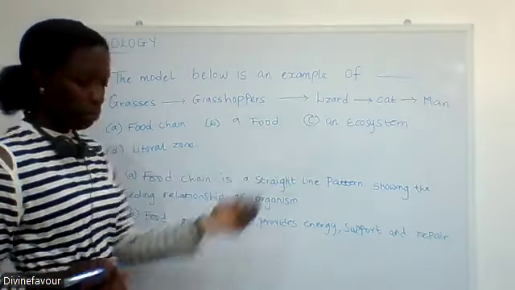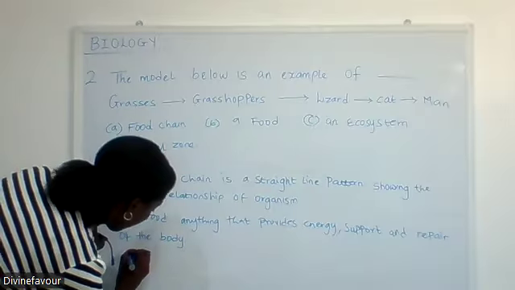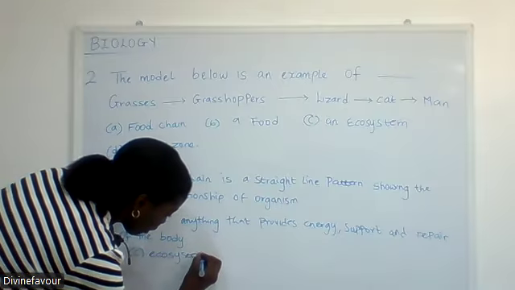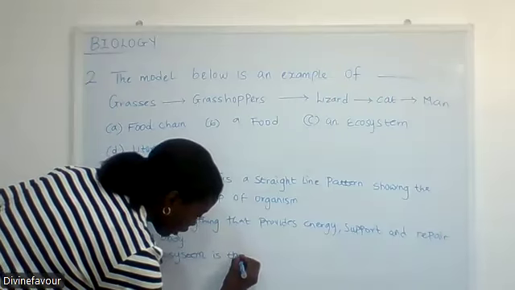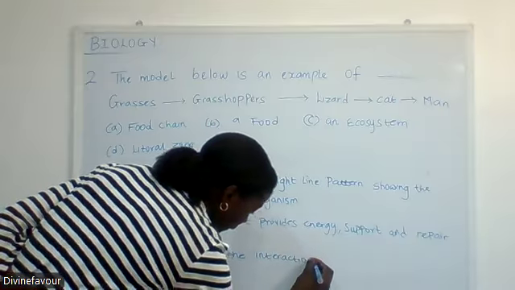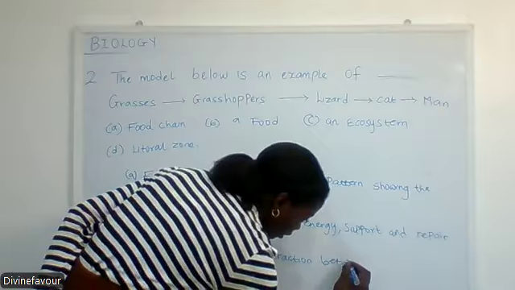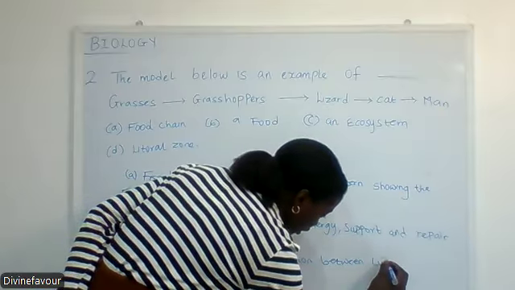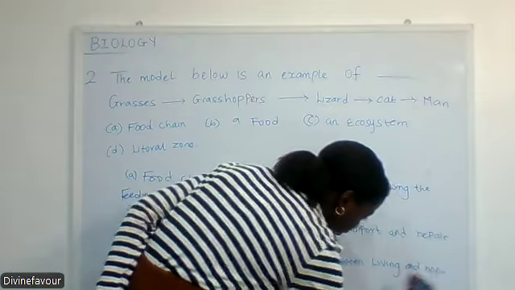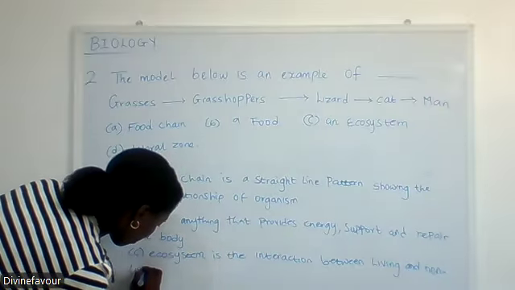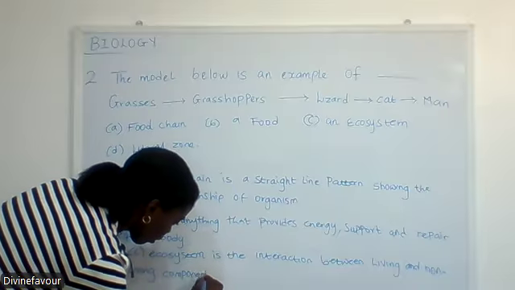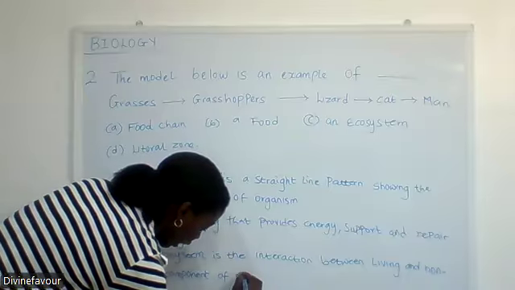An ecosystem is the interaction between living and non-living components of a habitat.